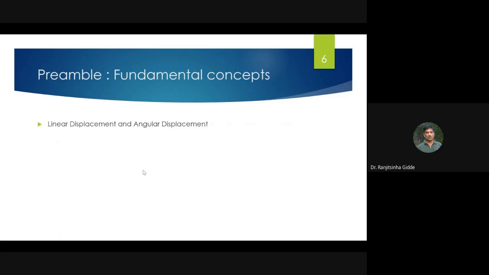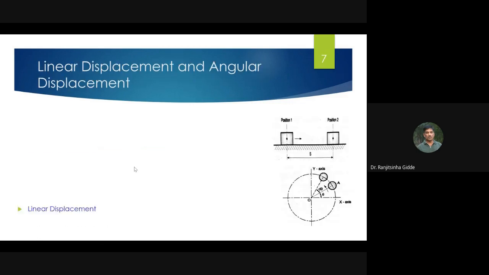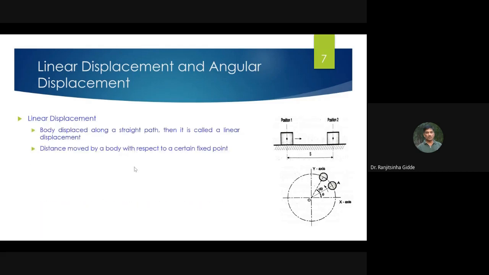So the preamble, that is fundamental concepts: linear displacement, angular displacement, linear velocity, angular velocity, speed and velocity, then linear acceleration and angular acceleration. So this we have seen: linear displacement and angular displacement. These two definitions we have seen.